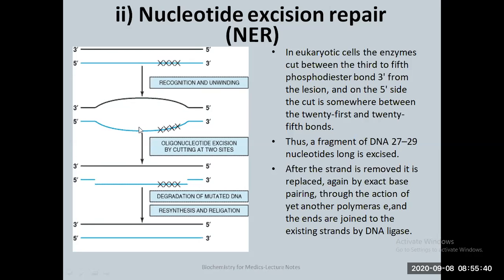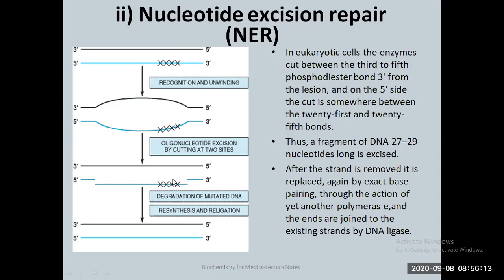So it cuts here and it cuts here, to make sure that the damaged DNA part will be separated from the corrected one, because these are the correct ones, right? So then once the damaged DNA is separated, the mutated DNA will be degraded, followed by resynthesis and religation. So, I mean, this part should be degraded.